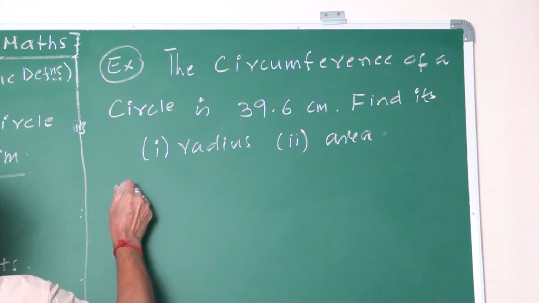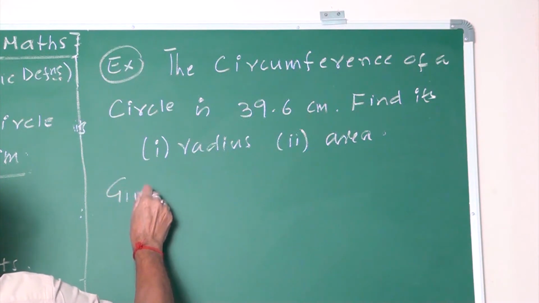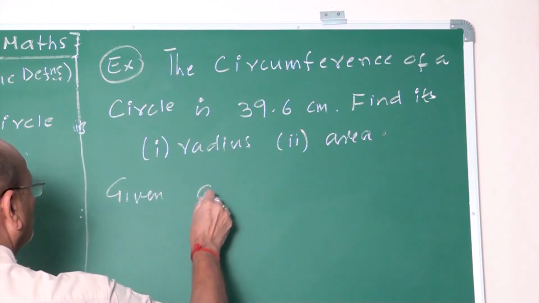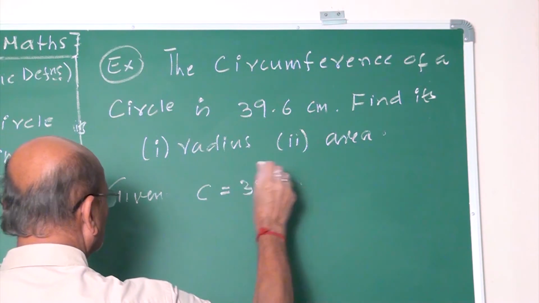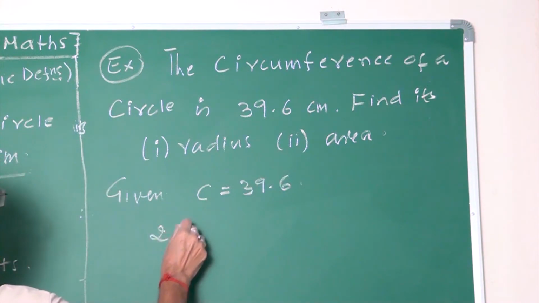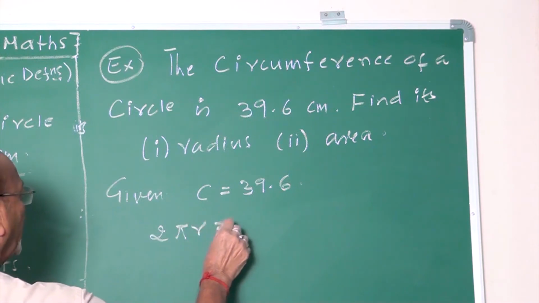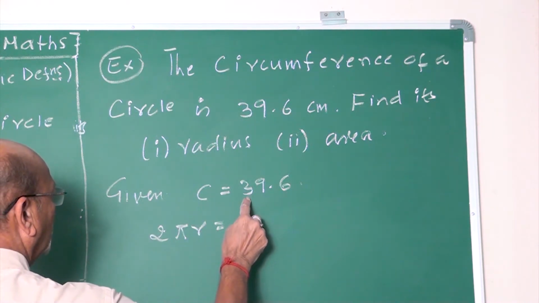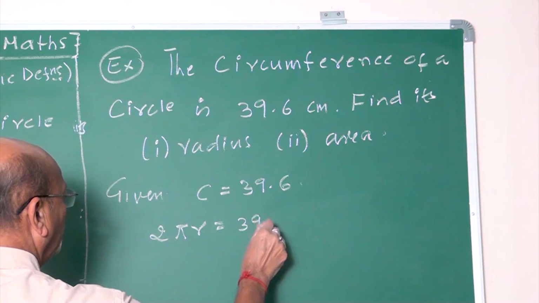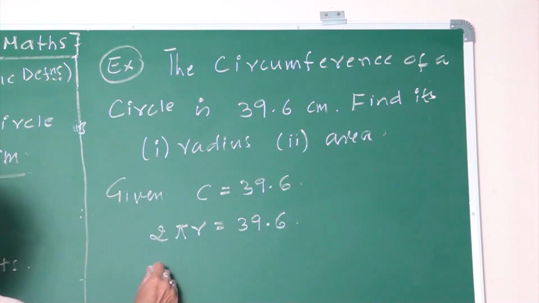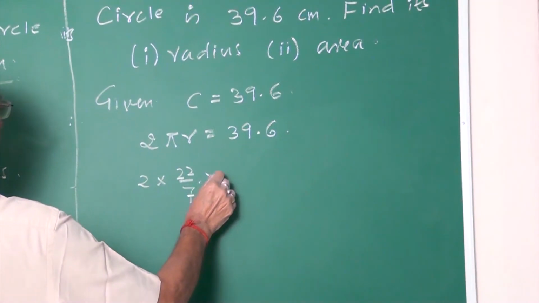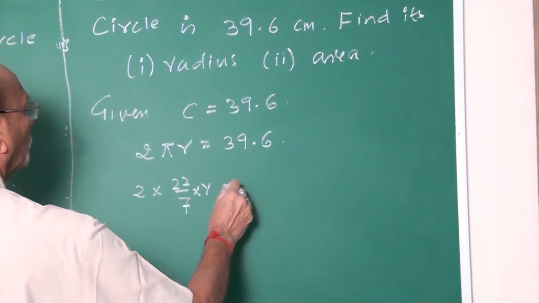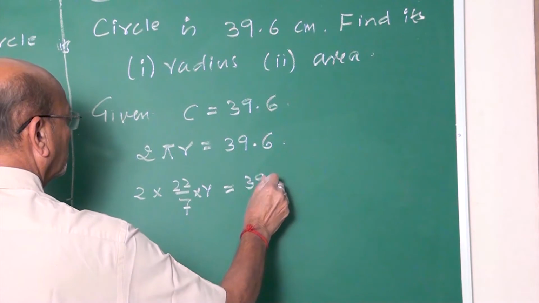Yes, what is given, my friends? Circumference C is 39.6. What is C? 2 pi r. So 2 into 22 upon 7 into r equals 39.6.